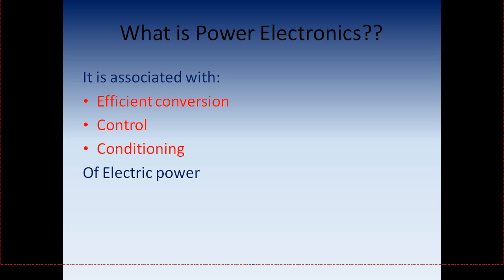And then there are problems regarding transmission of electric power, where we have started to utilize FACTS devices, and all these FACTS devices are possible due to power electronics, where we condition the power. Okay, so let's start.